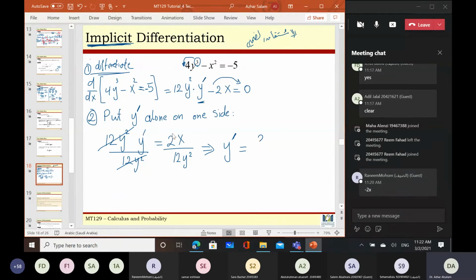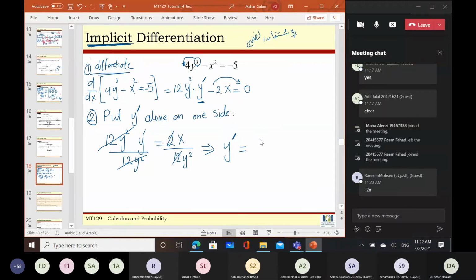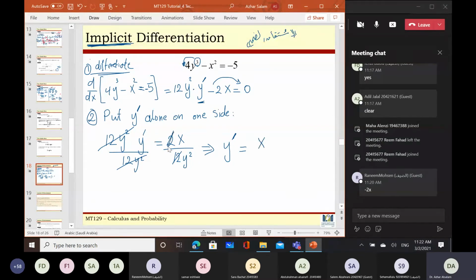I can also simplify 2 by 12, so it will be x divided by 6y square. This is the derivative y dash. Okay, the derivative of y, sorry.